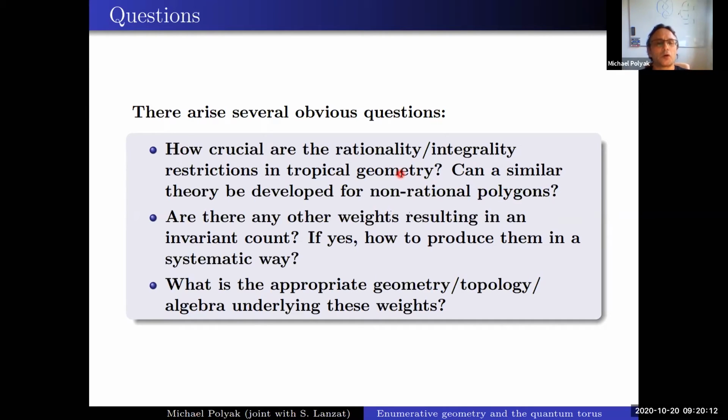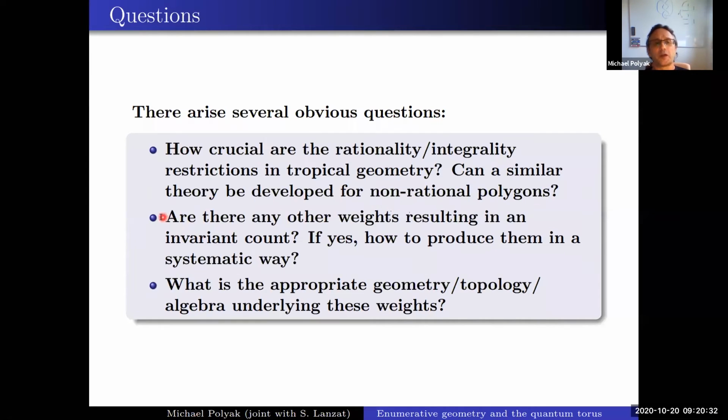I will not talk about the honest algebraic geometry analog for non-rational Newton polygons, but just a purely combinatorial tropical or pseudo or quasi-tropical geometrical setup in this case.